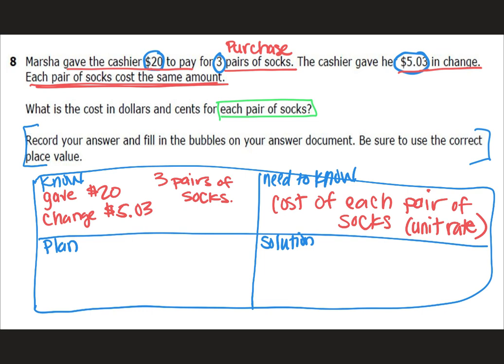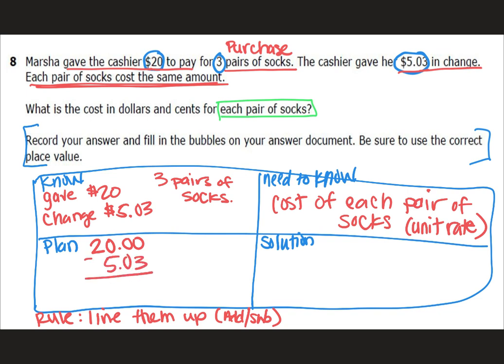And how do we know that? Well, what we need to do is subtract. So our rule when subtracting decimals is to line them up. That is when you're adding or subtracting decimals, you need to line them up. So I have 20.00, that's how you put $20. And I'm going to subtract $5.03.